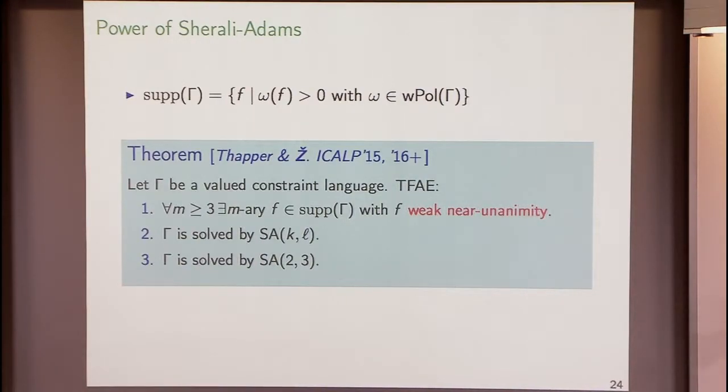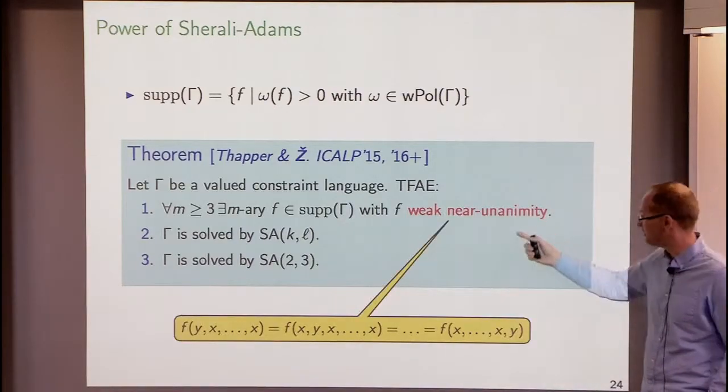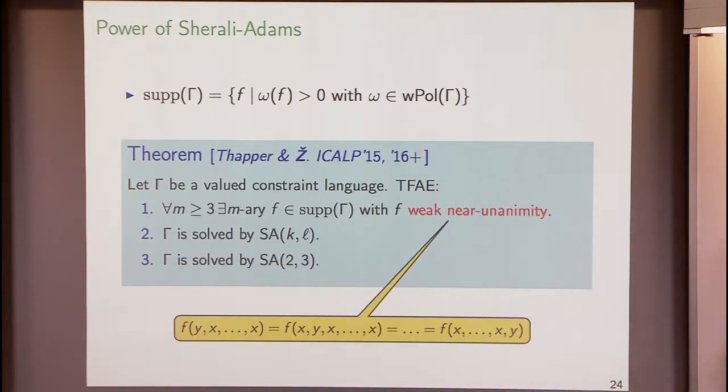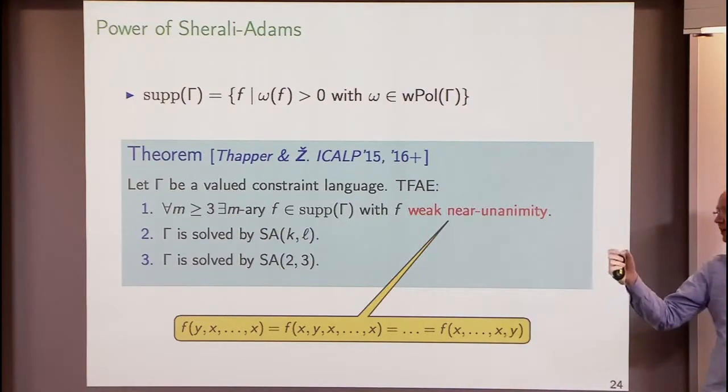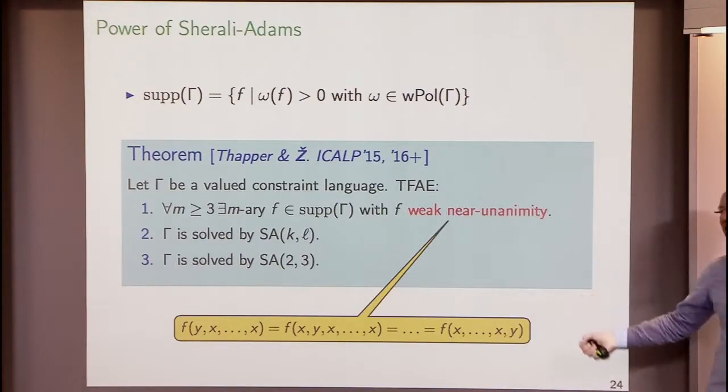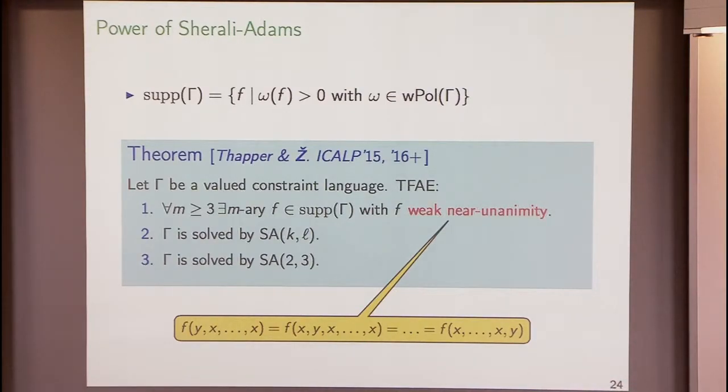Not as bad as a cyclic or Siggers-like sequence, but it's still pretty bad. So what is it? An operation is called weak near-unanimity if all of its arguments, but at most one, are the same, then the answer doesn't change. And interestingly, if I give you a language, gamma, it's decidable to test whether this condition holds true. Here we know how to do it. And it's actually very simple.